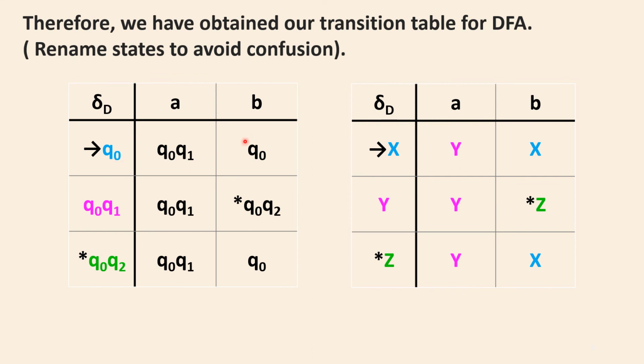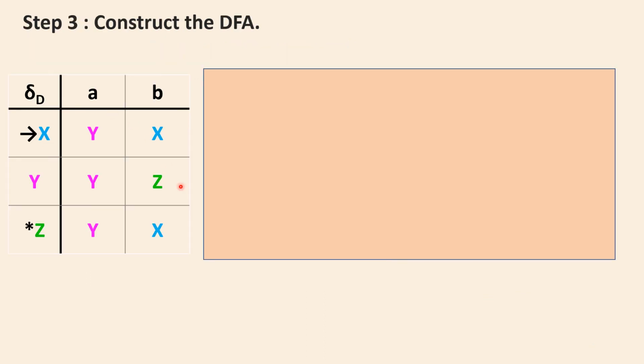I have taken Q0 as X. Q0 Q1 is a single state here, so I have taken Q0 Q1 as Y and I have taken Q0 Q2 as Z. So wherever I have Q0 I have marked it as X, wherever I have Q0 Q1 I have marked it as Y, and wherever I have Q0 Q2 I have marked it as Z. So I have renamed the DFA transition table to X, Y and Z. Renaming the states is only to avoid confusion. You can also construct the DFA without renaming any states.